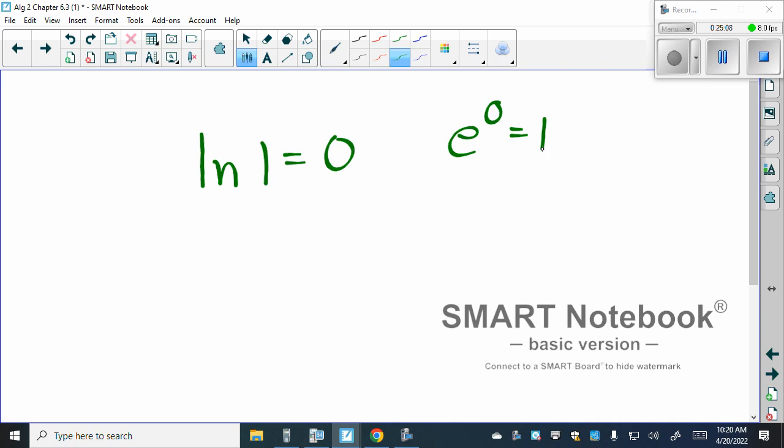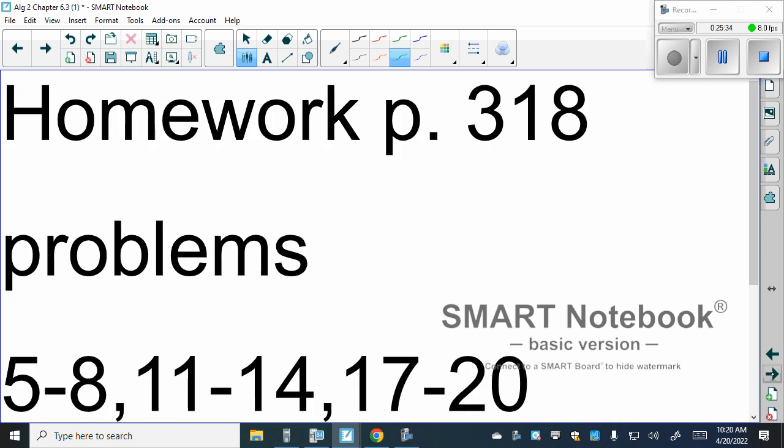Anything to the 0 power except for 0 when 0 is a base is 1. So really the natural log or log, no matter what the base is, of 1 is always going to be 0. Yeah, log base b of 1 is equal to 0. That's just one of the properties of logarithms. That's it.